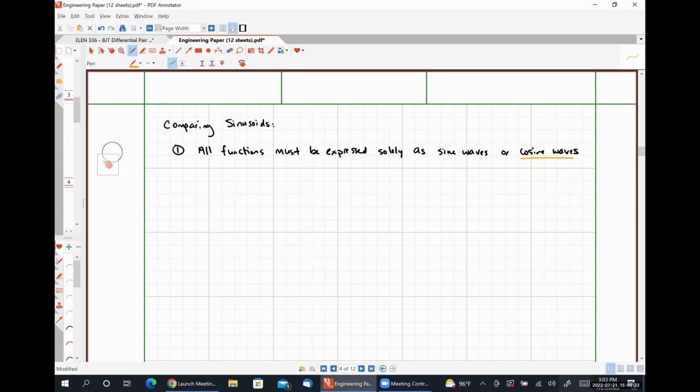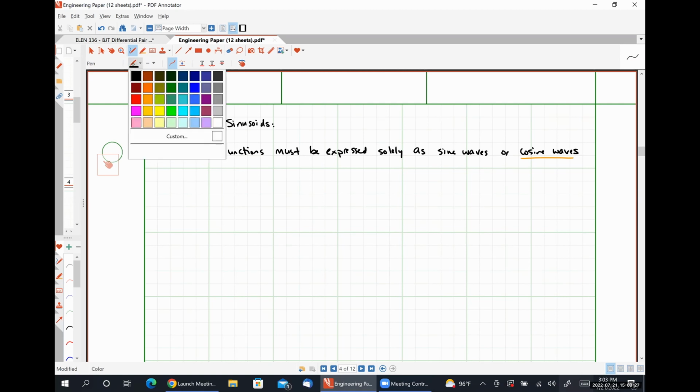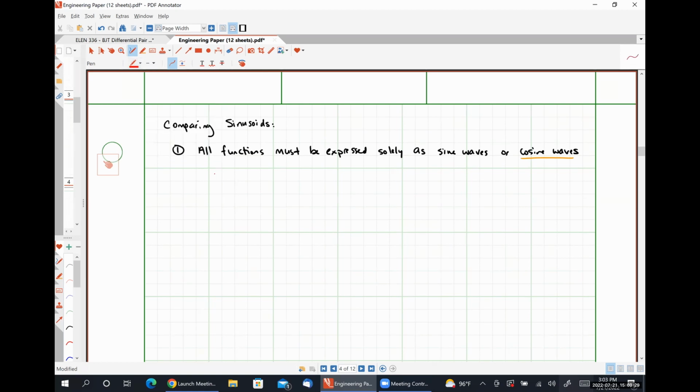So what I mean by that is, let me do these in colors actually. Let's say that we had a time varying voltage, which I'm going to call VA of t. And this voltage was 8 cosine 5t plus 10 degrees volts.